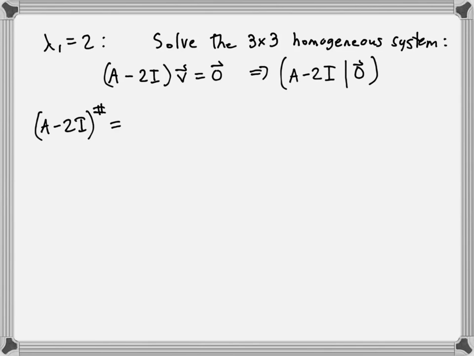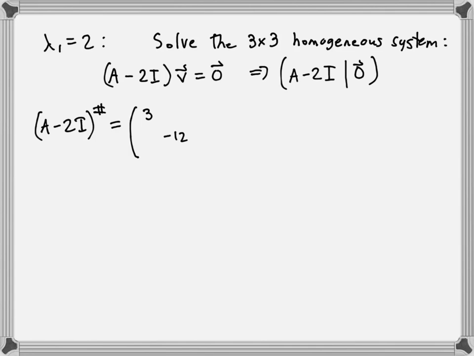So what are we going to do? We're going to take A and subtract 2 times the identity. Just take away 2 from every element of A that's on the diagonal. It looks like this: 3, -12, right?